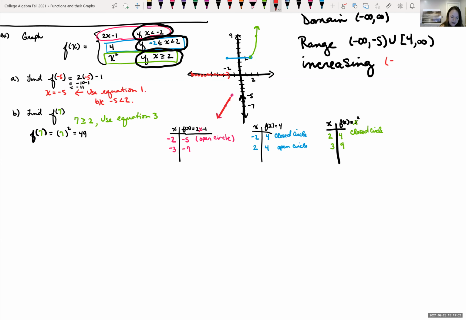We have from -infinity to -2 parentheses, union. It's also increasing when x is 2, going upwards in here. So the x values are 2 to infinity. Decreasing: it's never going down.